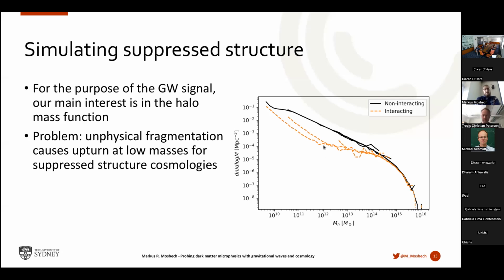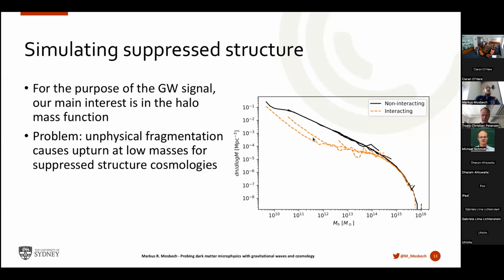You see that when we compare these two box-sized simulations: you get this additional low halo mass upturn, which moves to smaller masses if we use a smaller box with smaller mass particles, and which is not present until we get to very small scales with our non-interacting model.